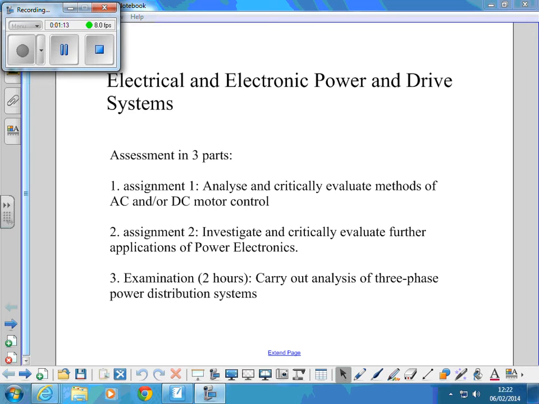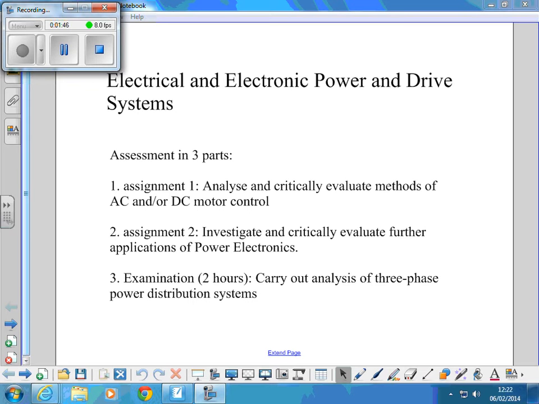In the past I've picked a range of different things: DC converters, induction heating, looking at induction heating of bearings for fitting them on shafts and that type of thing, and how those systems work. Again, there'll be a bit of working class, a bit of guidance as to where to look for information. Beyond that, you'll research it and suggest a solution for a particular problem.